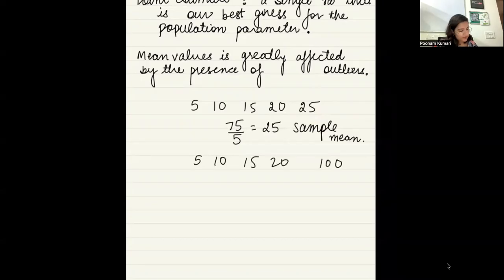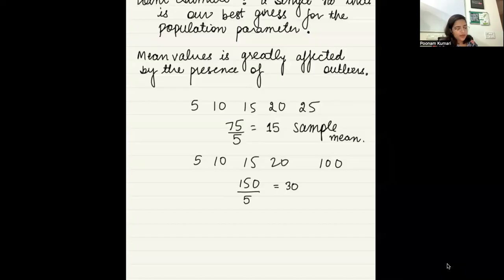This is what? 150 divided by 5, which is 30. And guys, this is not 25, this is 30.